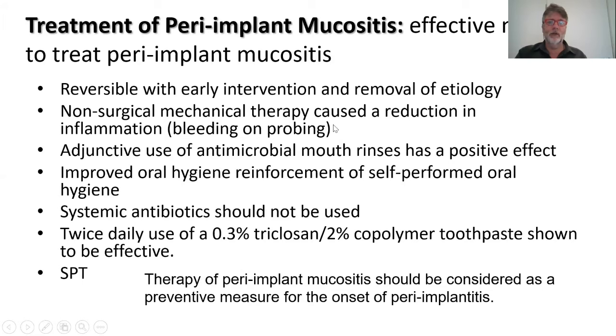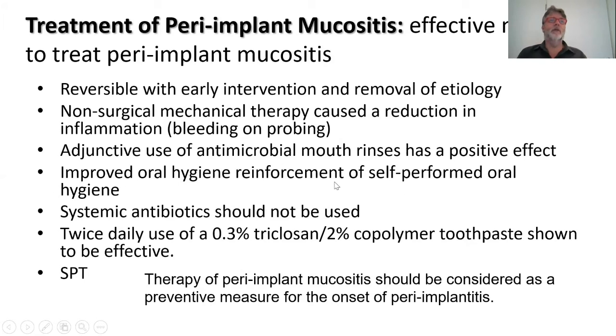Non-surgical mechanical therapy caused a reduction in inflammation and bleeding on probing. Adjunctive use of antimicrobial mouthwashes has a positive effect. Improved oral hygiene, reinforcement of self-performed hygiene. Systemic antibiotics at this level are not necessary.